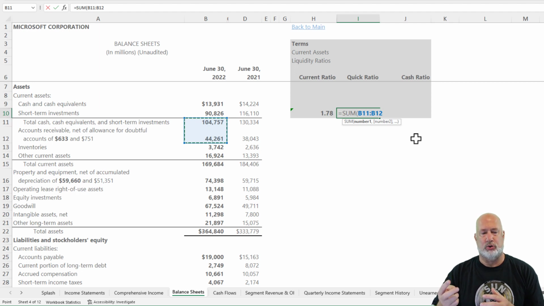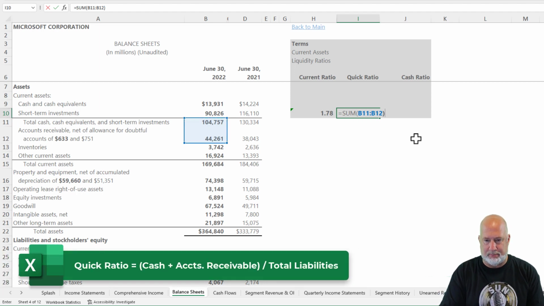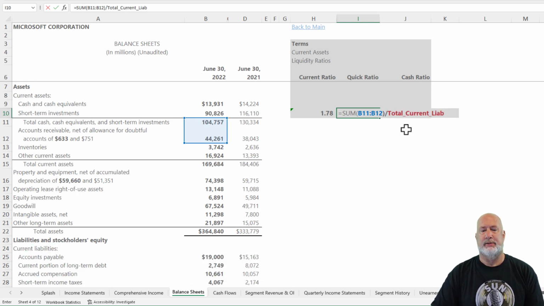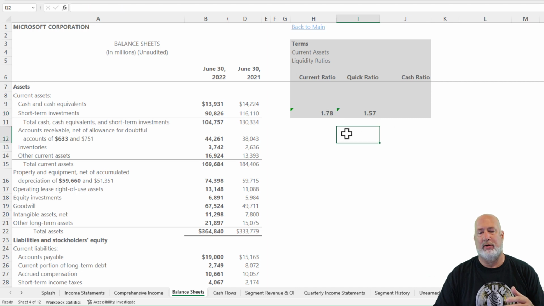It's cash, short-term investments, which got totaled as 104, and then we're putting in the accounts receivable, and we're going to divide by, again, we're always going to divide by the total current liabilities. The reason you leave out inventories on the quick ratio is inventory may not be able to be turned over as quickly as we expect it to be. So let's see here, 1.57.